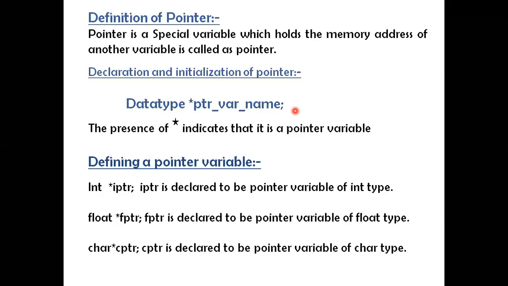You must be able to write data type, one blank space, asterisk, pointer variable name and a semicolon. Now, the presence of star in the syntax indicates that it is a pointer variable. You need to remember, star indicates a pointer variable in the declaration, isn't it?